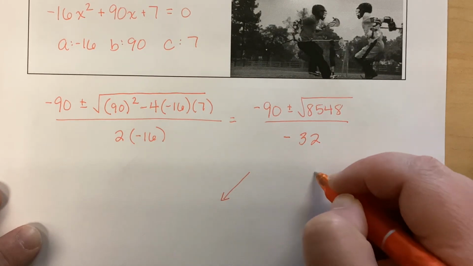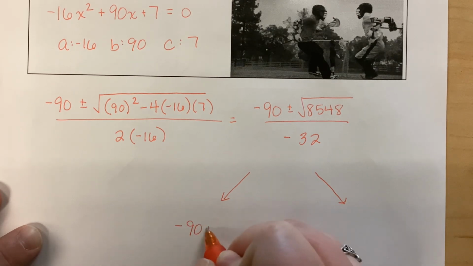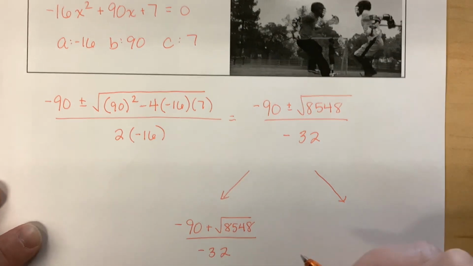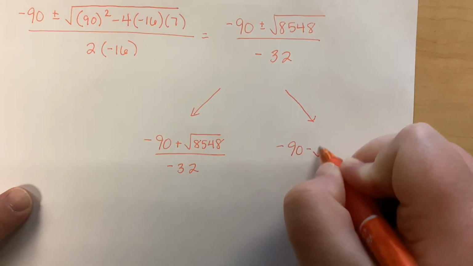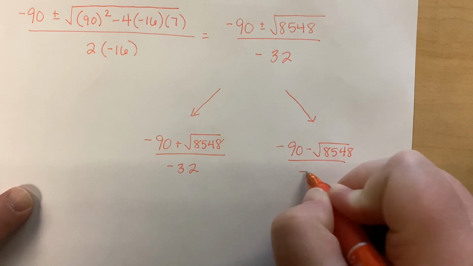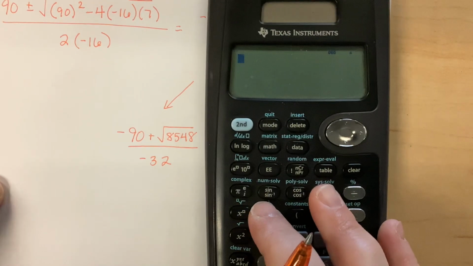So we're splitting it into 2. So in this one, we'll have negative 90 plus the square root of 8,548 over negative 32. And this one, we will have negative 90 minus the square root of 8,548 over negative 32.